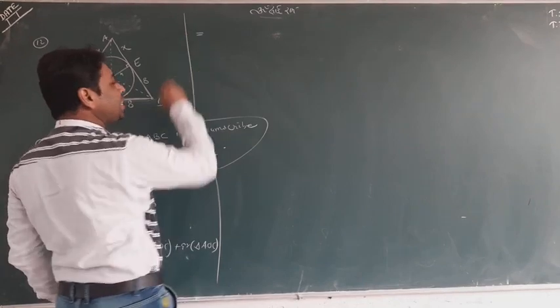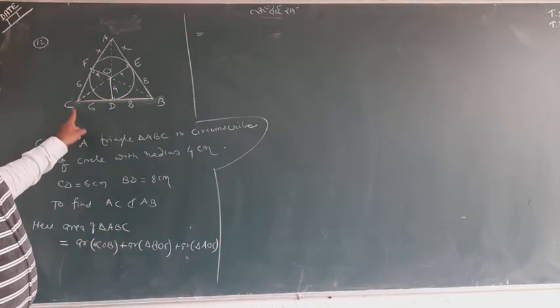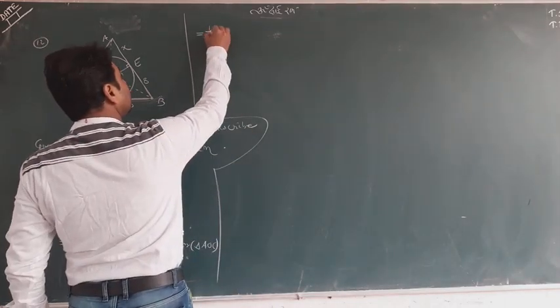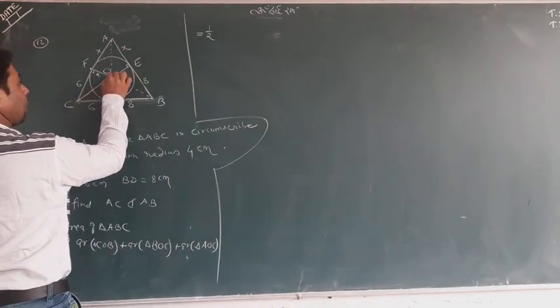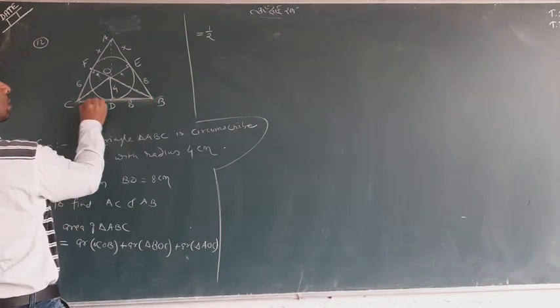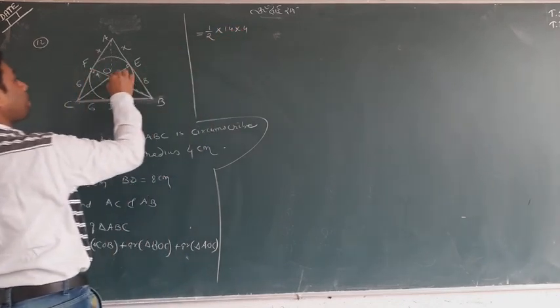Now area of triangle ABC is equal to area of COB. What is area of COB? 1 upon 2 base into height. I am talking about this triangle. 1 upon 2 base, 8 plus 6, 14. Height is 4.